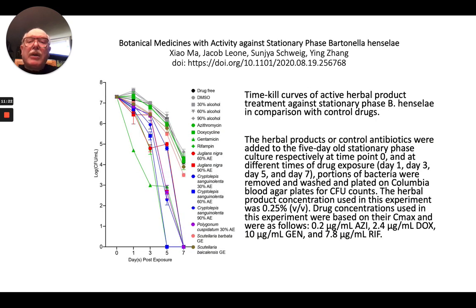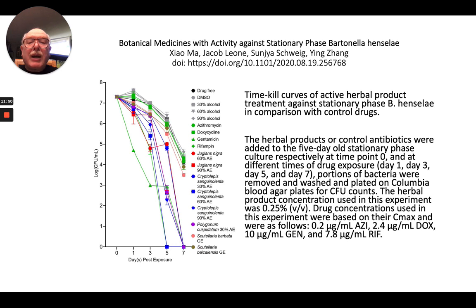The same article also showed a very nice graph with the inhibitory concentration of various herbs compared to antibiotics. What you can see is that the inhibitory activity is similar during the initial time point, let's say 24 hours, with the exception of rifampin, which is found to be much more active than the rest of the group.